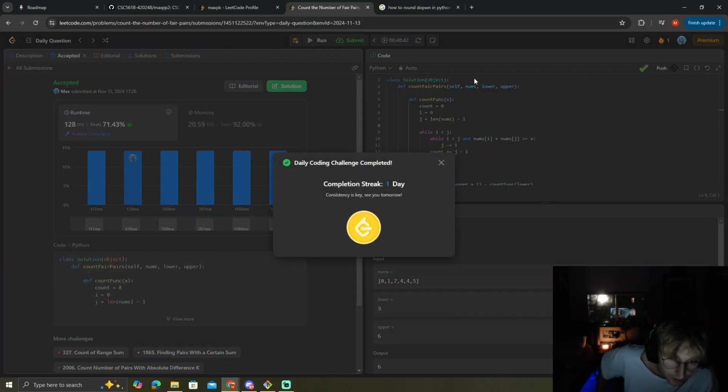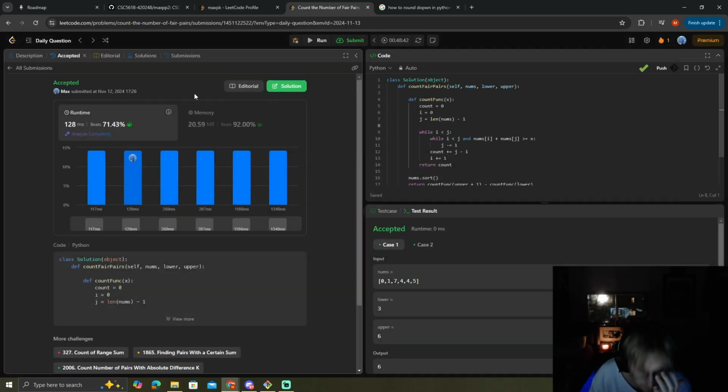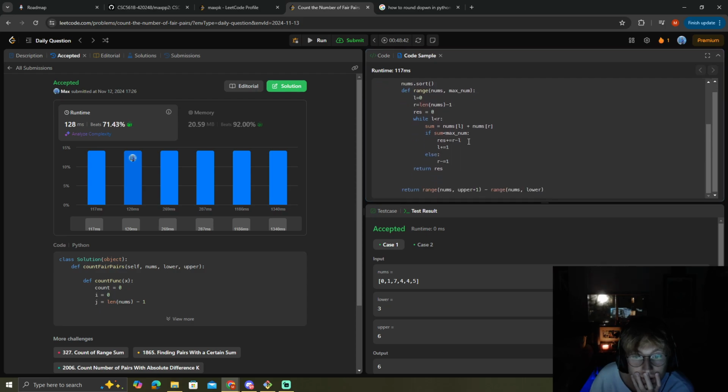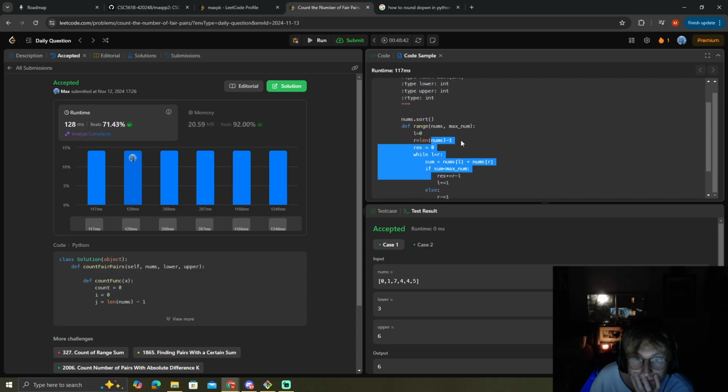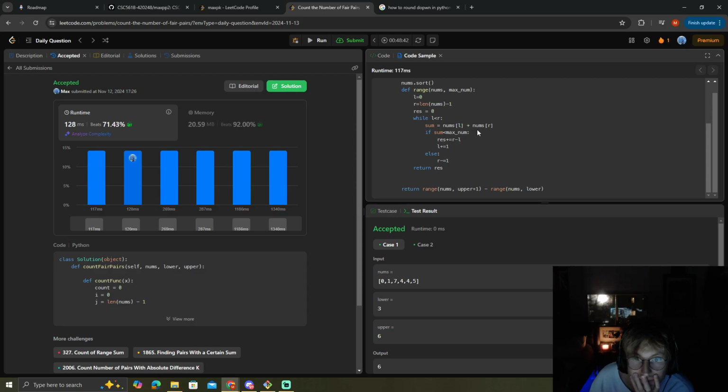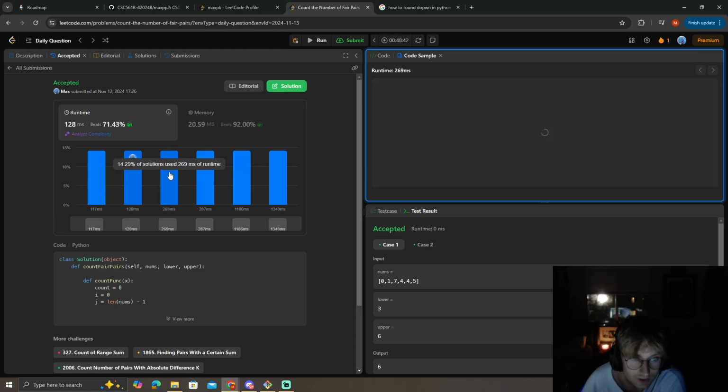Alright, I think we're gonna call it. To wrap my head around that was tough. I don't understand how these people come up with solutions like this, bro. Like, crazy. Like, I mean, obviously I could do the brute force one, but it takes way too much time.